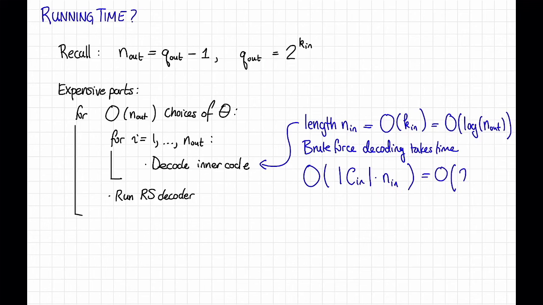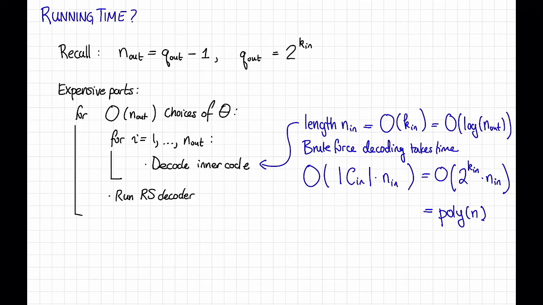This is big O of 2 to the k_in times n_in, because the size of C_in is just 2 to the k_in. And I claim that this is polynomial in n. The reason is that k_in is log of n_out, and so this is 2 to the big O of log n_out, which is polynomial in n_out.